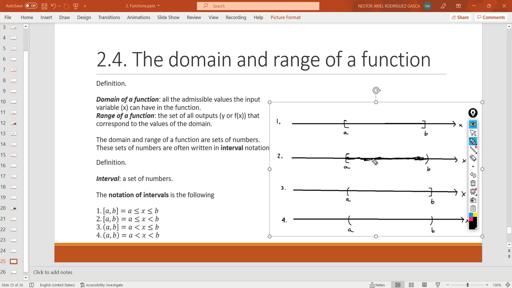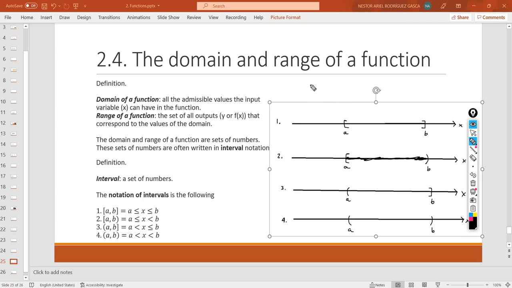The only difference is that we are gonna ignore B. We're gonna exclude B from this set. Any number less than B is gonna be fine, but B itself is not included in here. B is kind of like the limit, and we do not include it. When we use parentheses, we do not include that precise number.